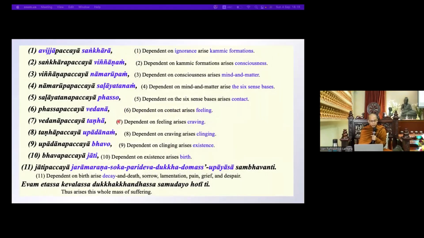Here in the 12-term formula, starting from avijja, ignorance, it gives rise to the karmic formation, which is called sankhara. In this way it continues through 12 terms, 12 aspects, until the end. Sankhara, karmic formation, gives rise to consciousness, which is called vinnana.